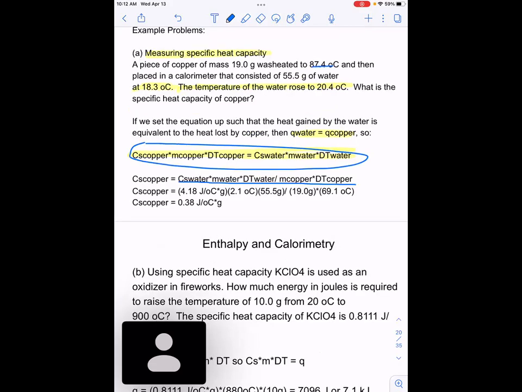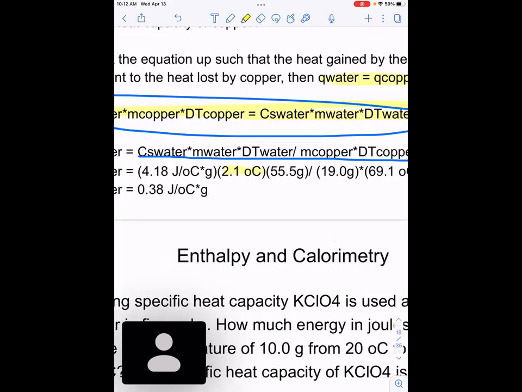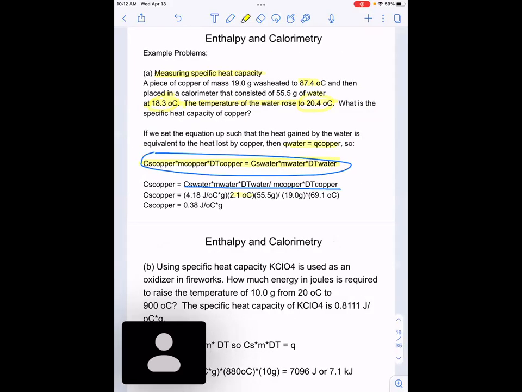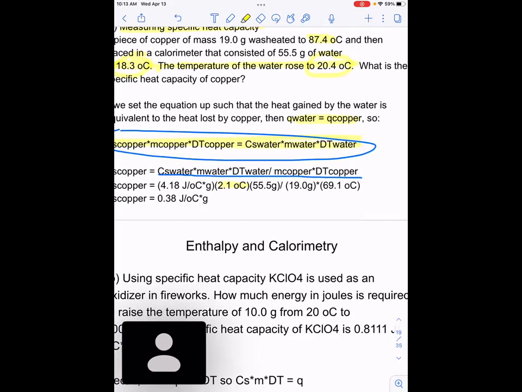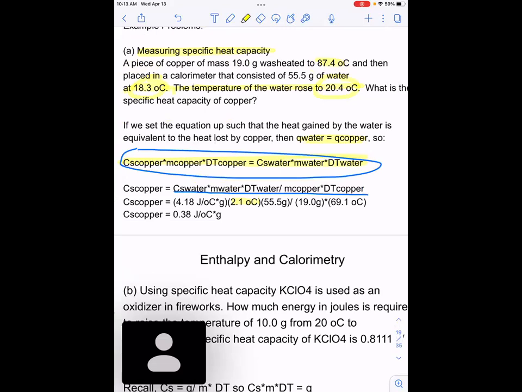It was heated to 87.4, and the final temperature is the same in this case, so it's 20.4. And then 18.3 is the starting temperature for water. So the change in temperature for water is 2.1 degrees Celsius. And then the change in temperature for copper is here.